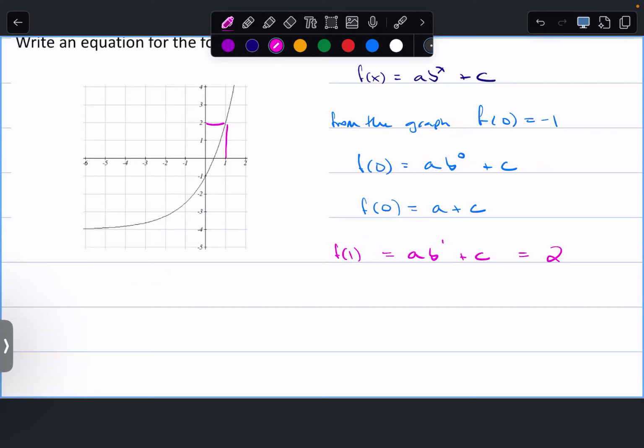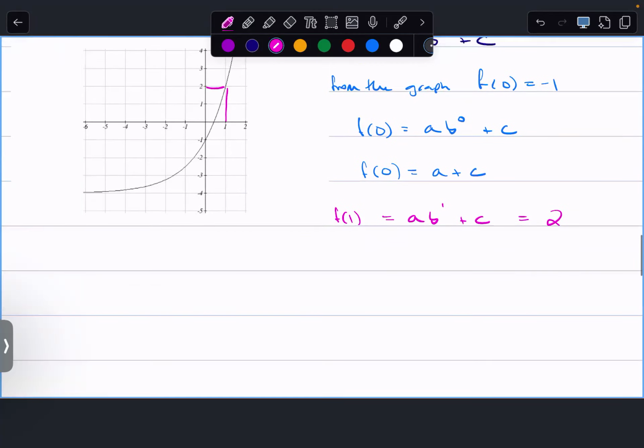Okay. So, let's see here. Use dark blue.